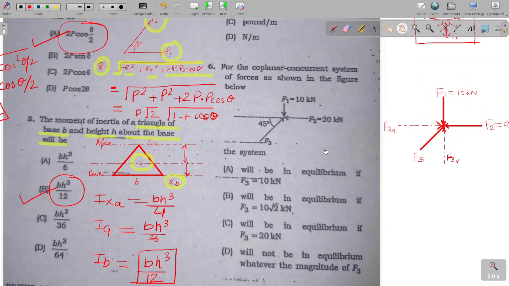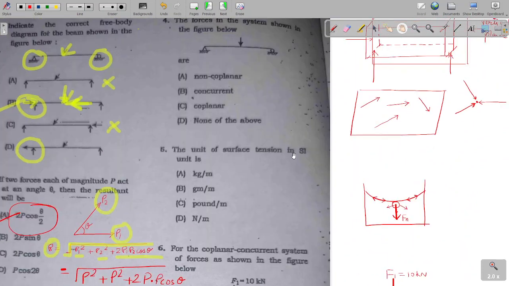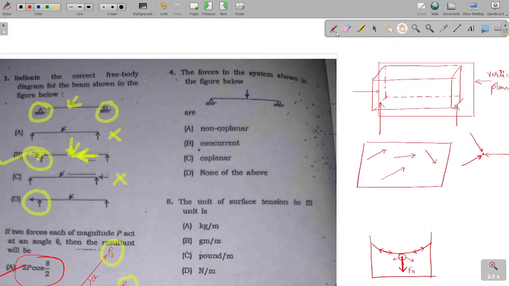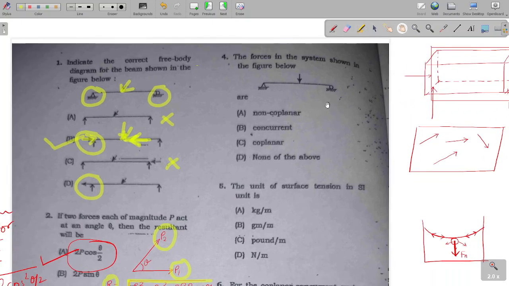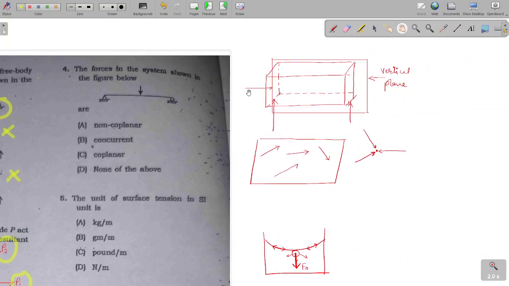So let's move on to our next question. The question says that force in the system shown in the figure below, and it's asking about coplanarity of the forces, whether they are coplanar or whether they are concurrent or whether they are non-coplanar. So let's see what are the coplanar forces.